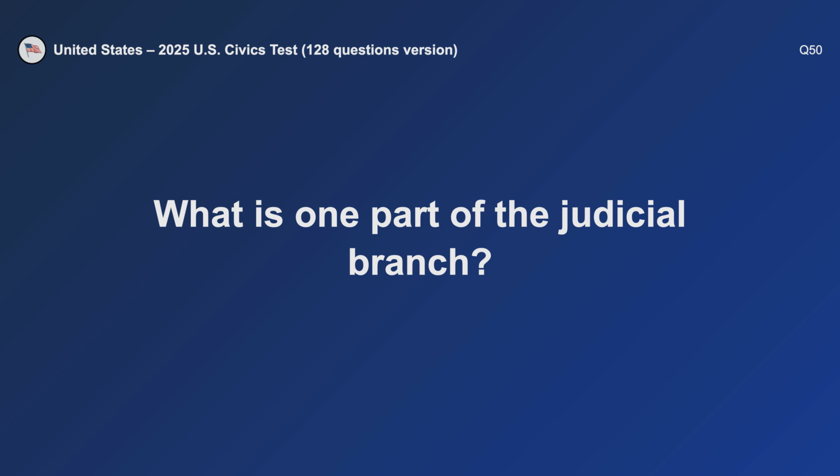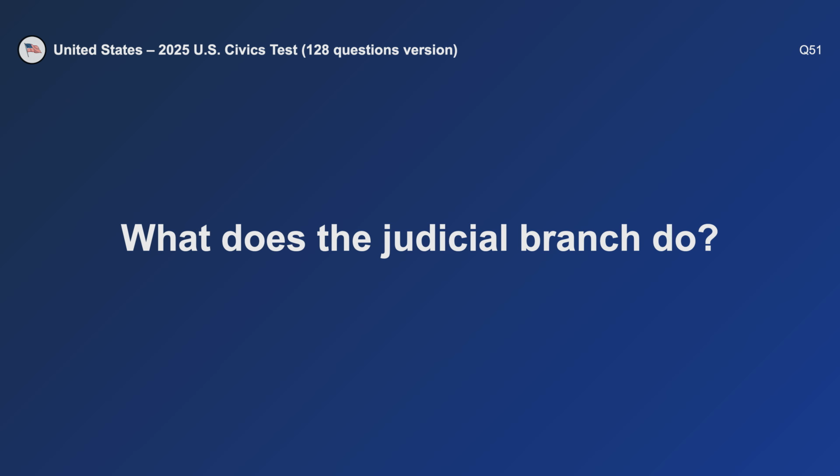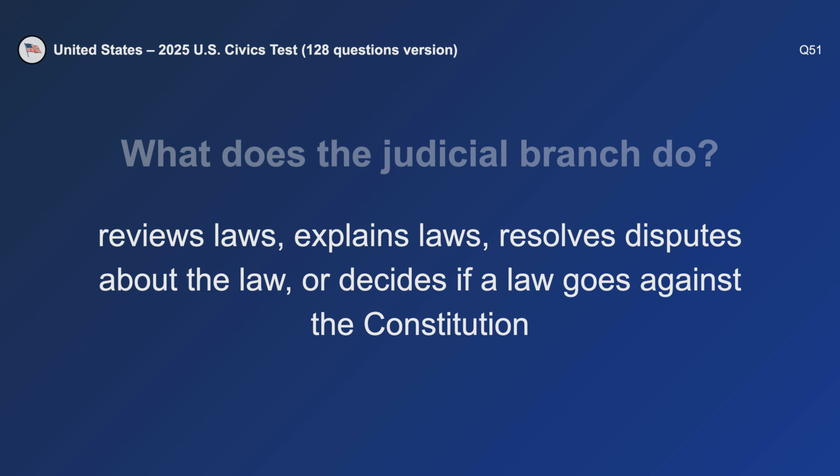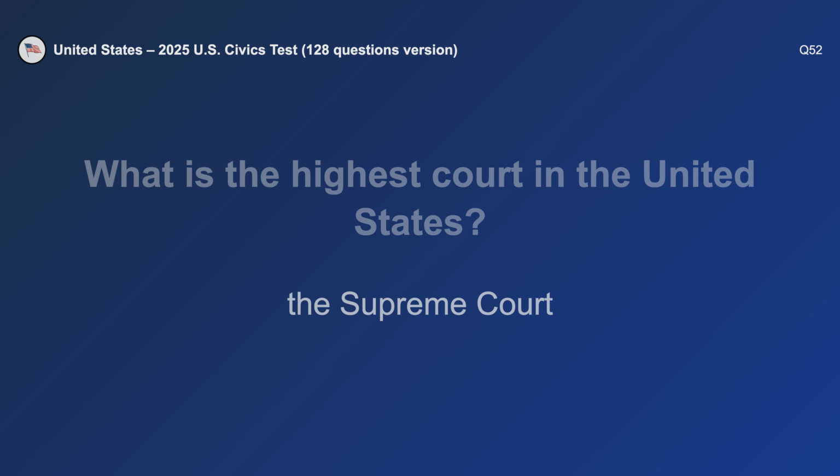What is one part of the judicial branch? Supreme Court. What does the judicial branch do? Reviews laws. What is the highest court in the United States? The Supreme Court.